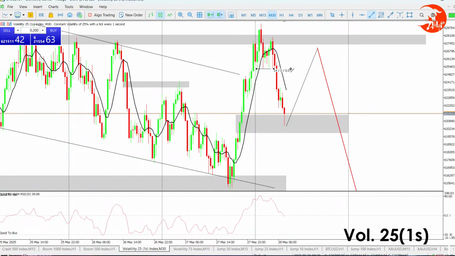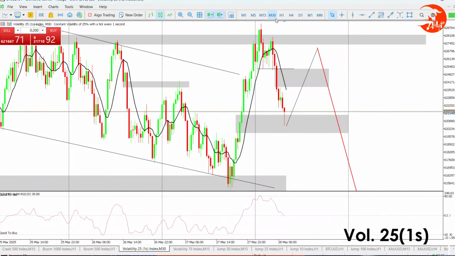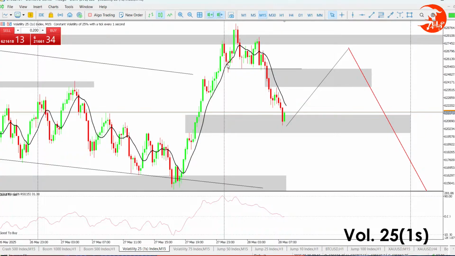This was a change of character right here. What point of interest did we leave behind? That fair value gap. So price is likely to come for this on M30 and then get us into sales. M15 is exactly the same thing, and that would be the point of interest right here.